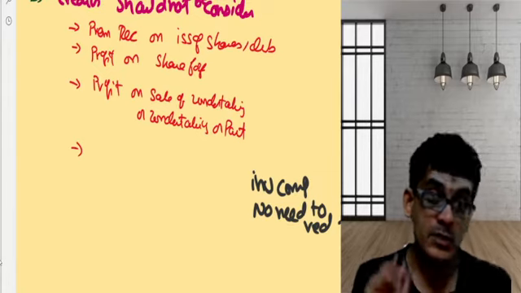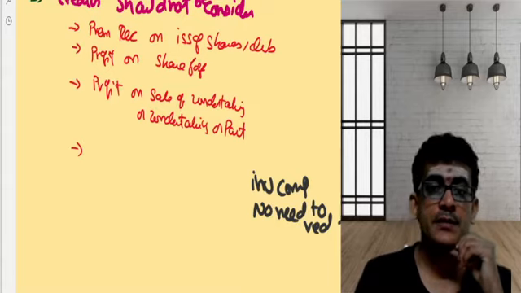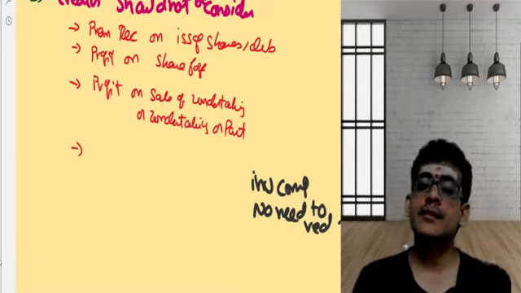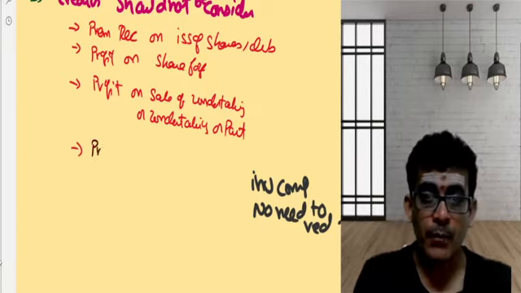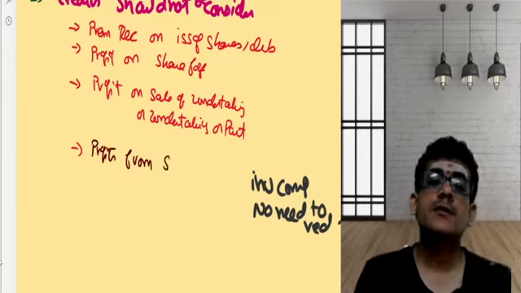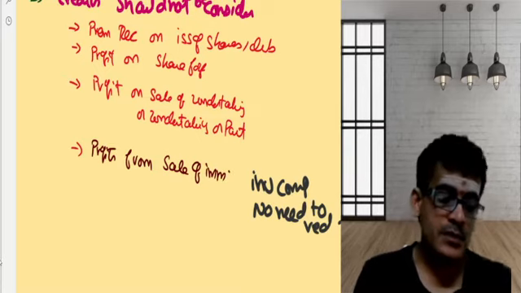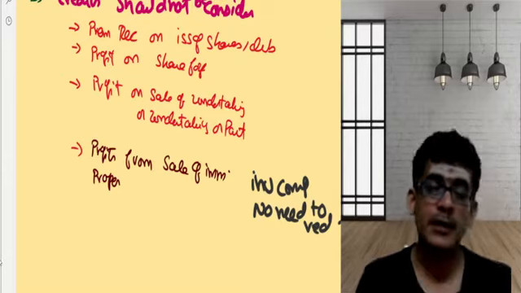Then this fourth point is very important. First let me write what section 198 says, then I will explain this point with an example. Profits from sale of immovable property.